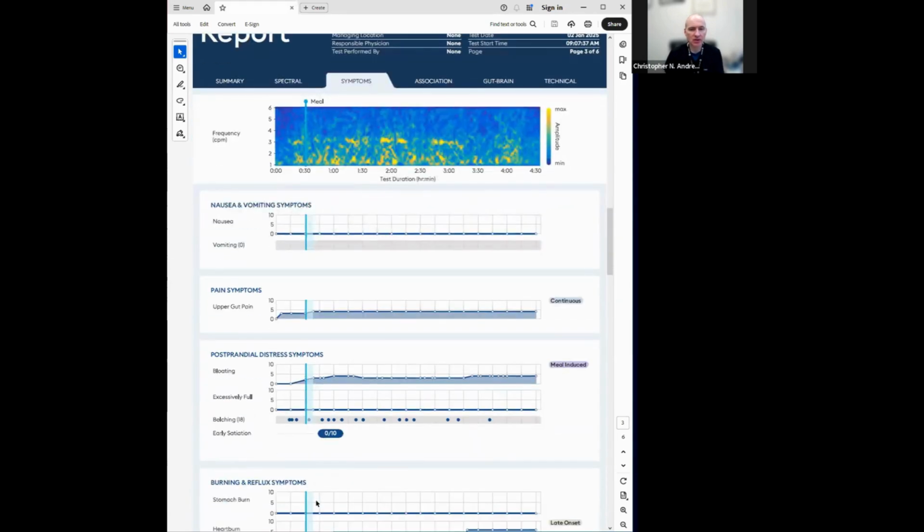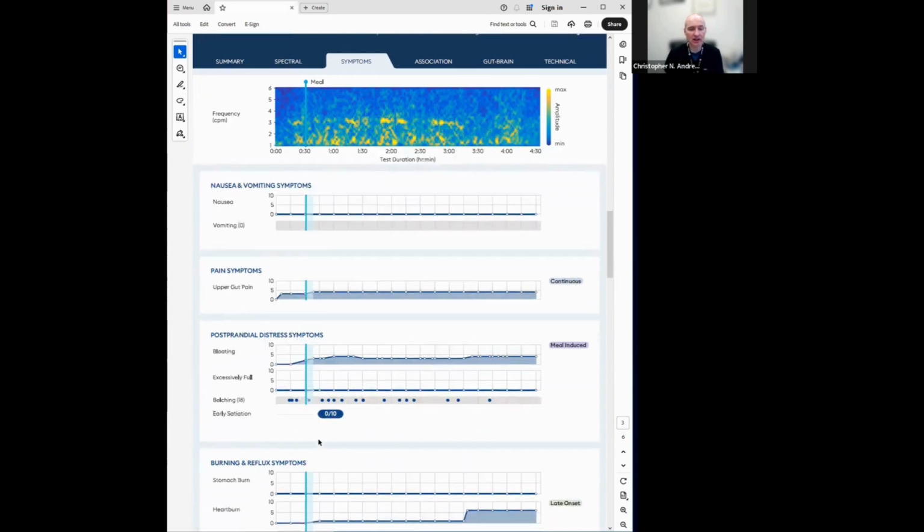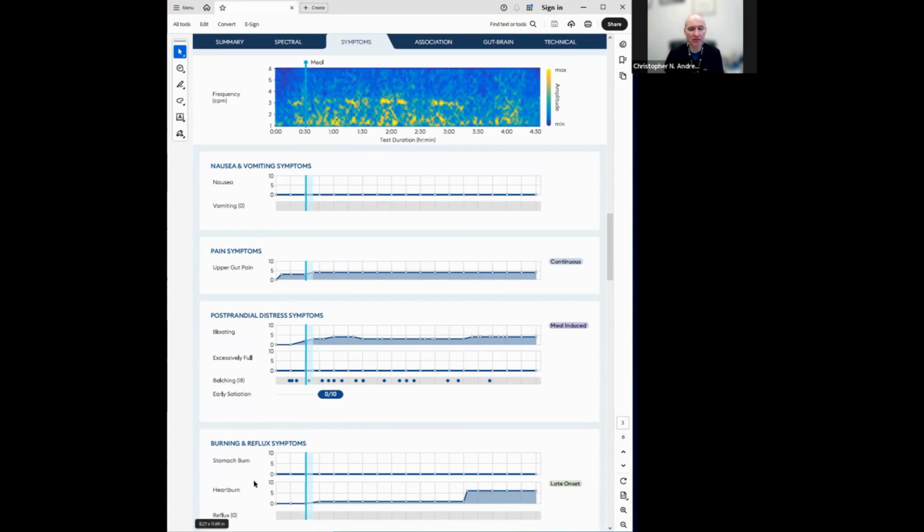On the symptoms, you can see that the symptoms are, again, now grouped into overall categories. So we have nausea and vomiting together, we have upper gut pain, and we have postprandial distress type symptoms, including bloating and fullness and early satiation. And then finally, stomach burn and heartburn. You can see that the pain symptoms are relatively continuous and tagged with the continuous tag.